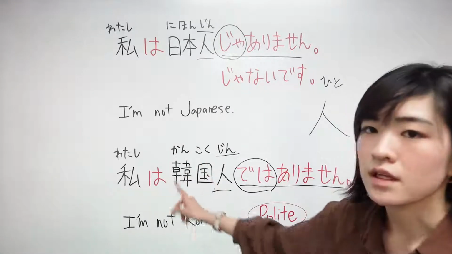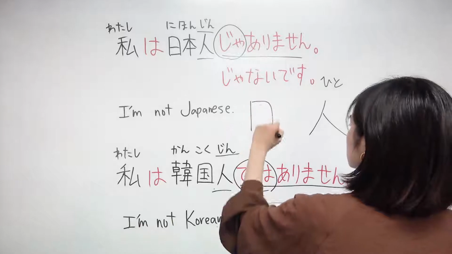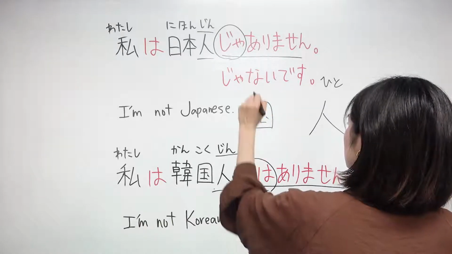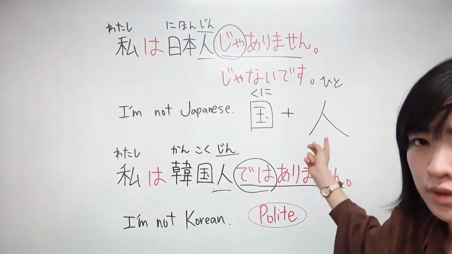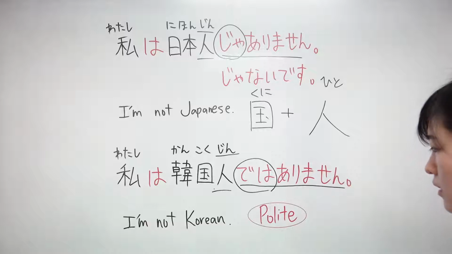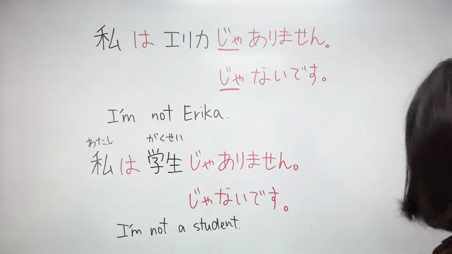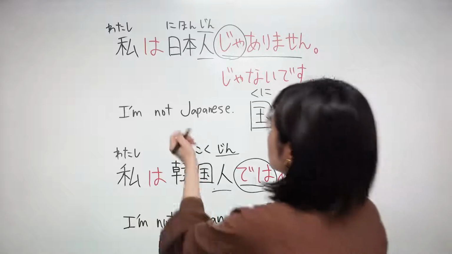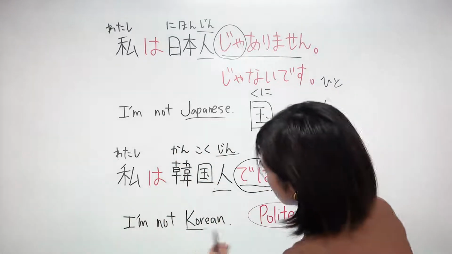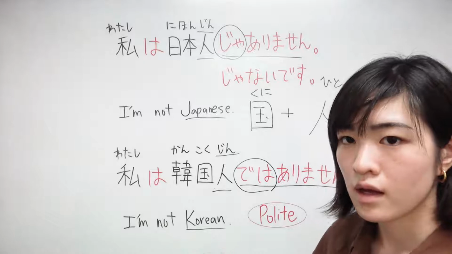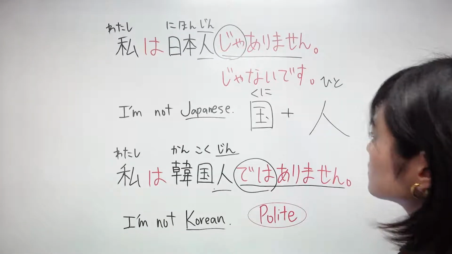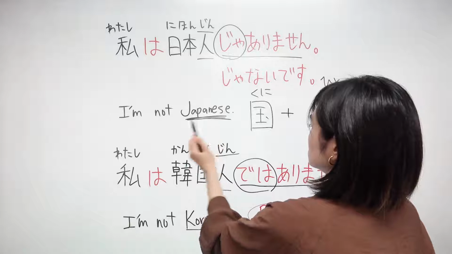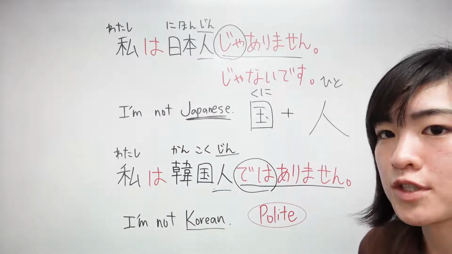So, a country's name, 国, added to 人, person, shows what country you're from. It shows what kind of person you are, where you are from, and your ethnicity.